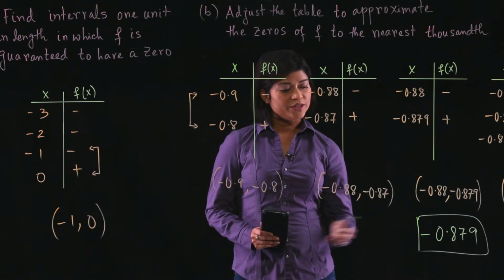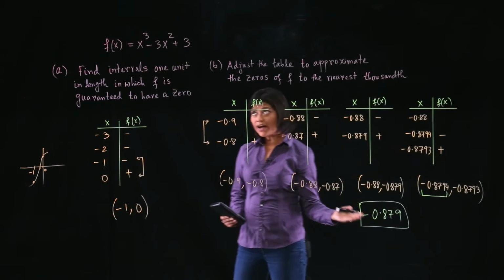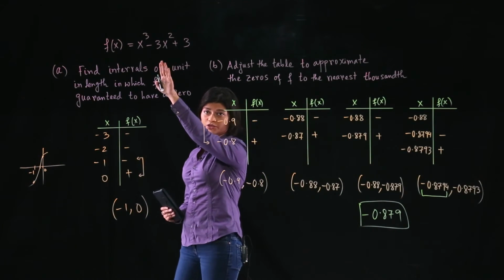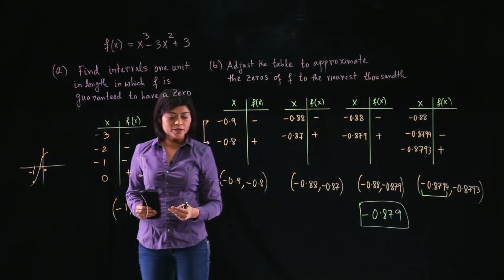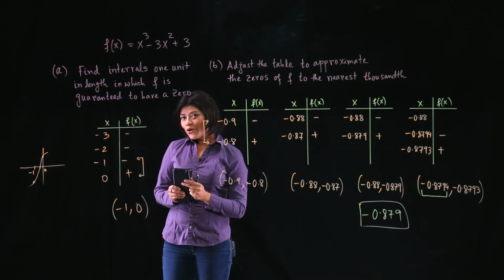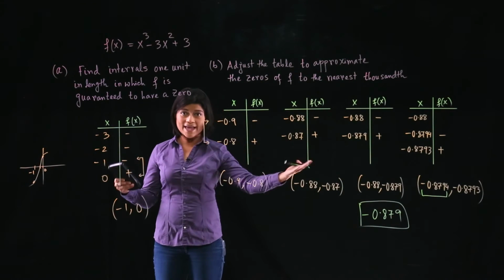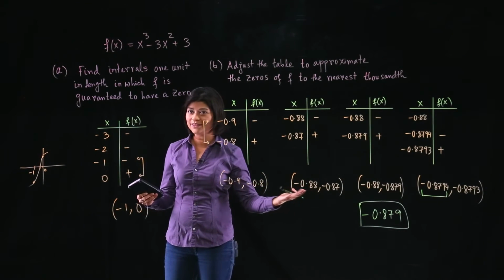Notice that we did find one 0 of this function, but if you look at the expression for the function, it's a degree 3 polynomial. So there are two other zeros. So we have to locate those zeros as well, and we can do the exact same method.